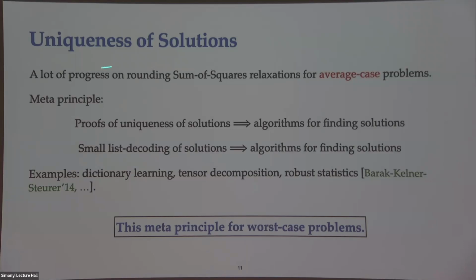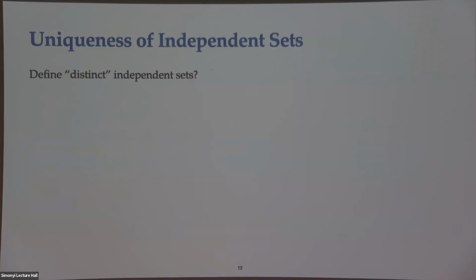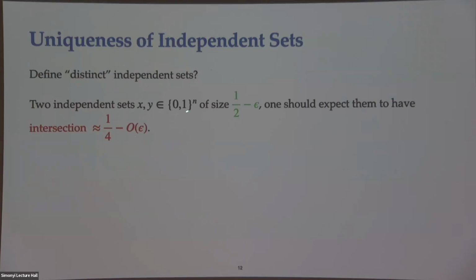Okay, so uniqueness of solutions. Now we need to define what uniqueness of independent sets means. How do we define distinct independent sets? Okay. So take 2 independent sets, x and y, represented as 0,1 vectors, and suppose that they are large, they have size half minus epsilon. One should expect that they have an intersection of roughly 1/4 size, 1/4 minus O of epsilon.